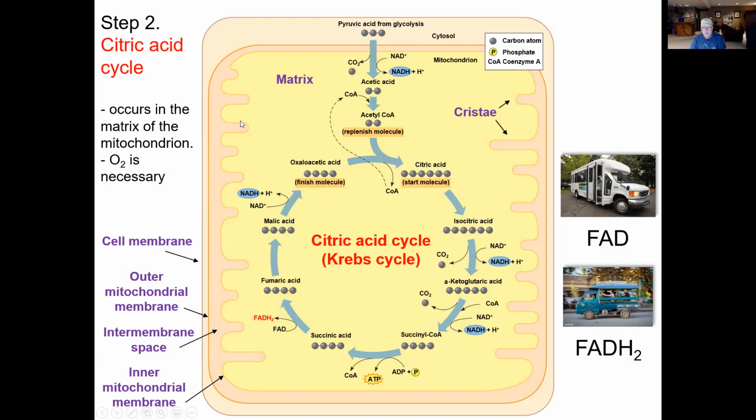What do you think those do? From strictly a physics point of view, what are these cristae allowing? Well, they're increasing the surface area, right? That's what they're doing. And you'll see why that's critically important a little bit later.